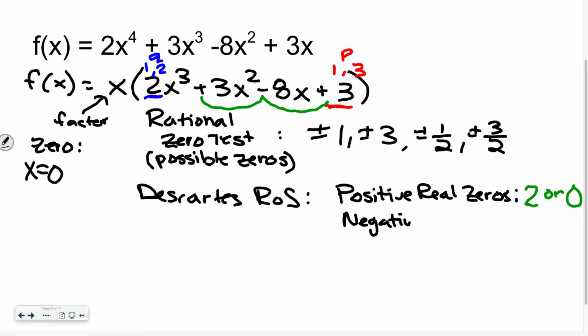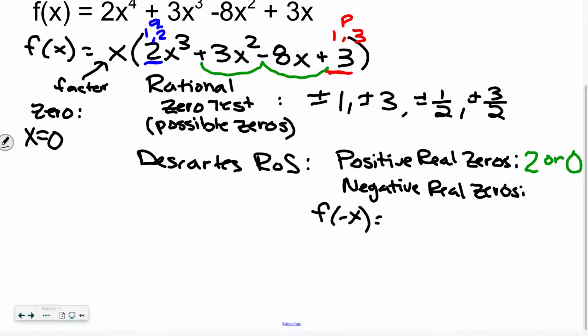For the negative real zeros, we have to look at f of negative x. Now, from chapter 1, you could probably do this without making the substitution. Like, you know which ones are going to change signs, right? The ones with what kind of exponents? Odd exponents.